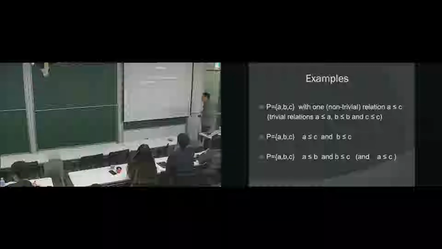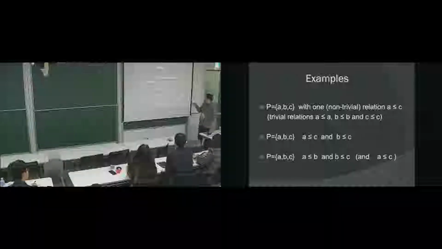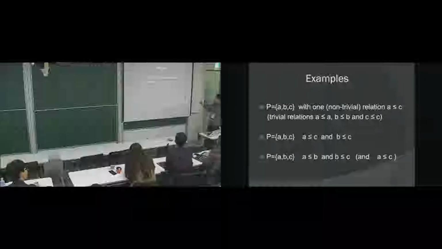Here are some examples. If we have three elements and only one relation, that's also a partially ordered set, but to make it one, we need this trivial relation.